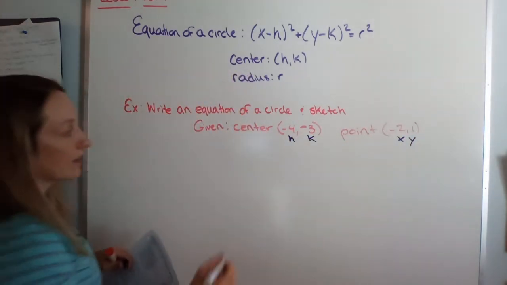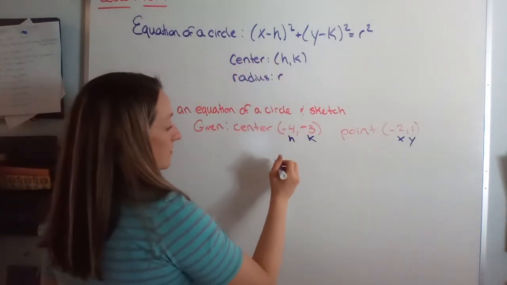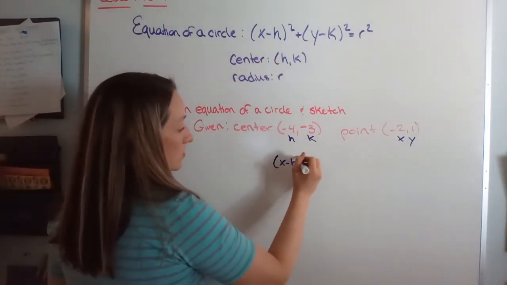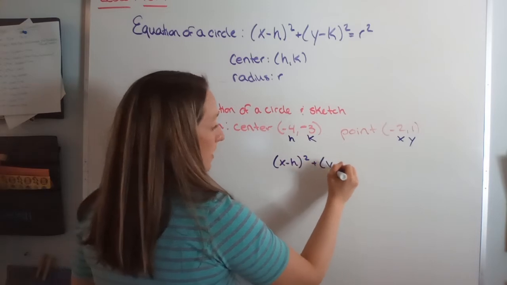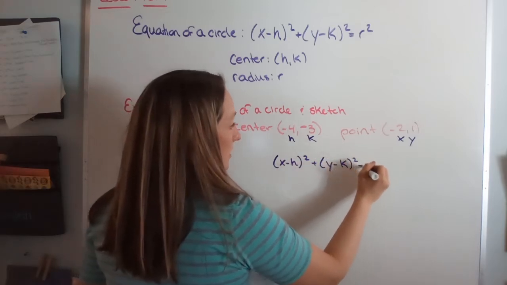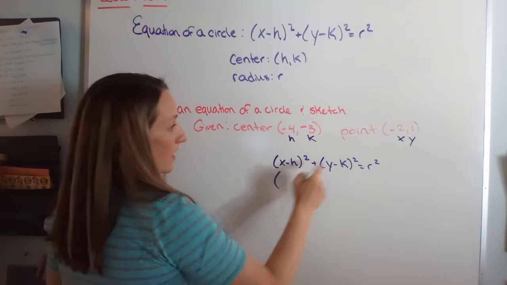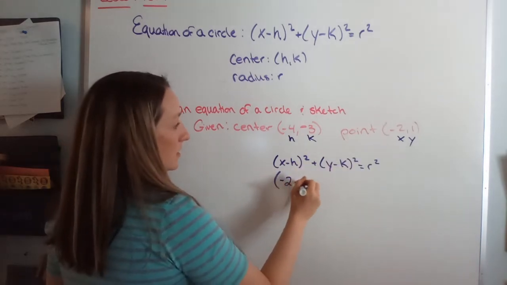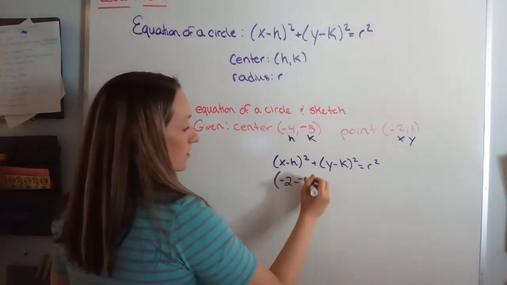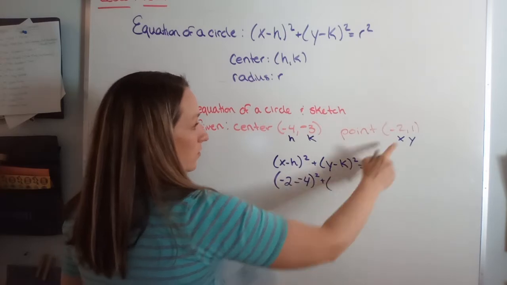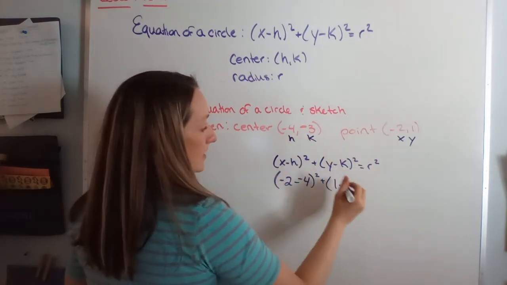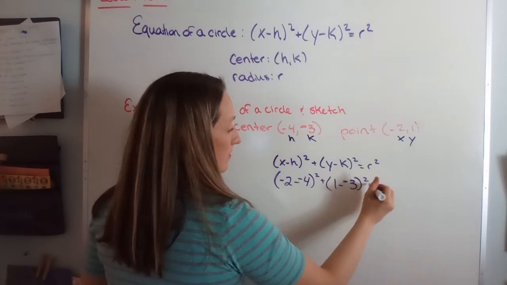Okay, so I can substitute it all in. So x minus h squared plus y minus k squared equals r squared. X is -2. H is -4. Y is 1. K is -3.